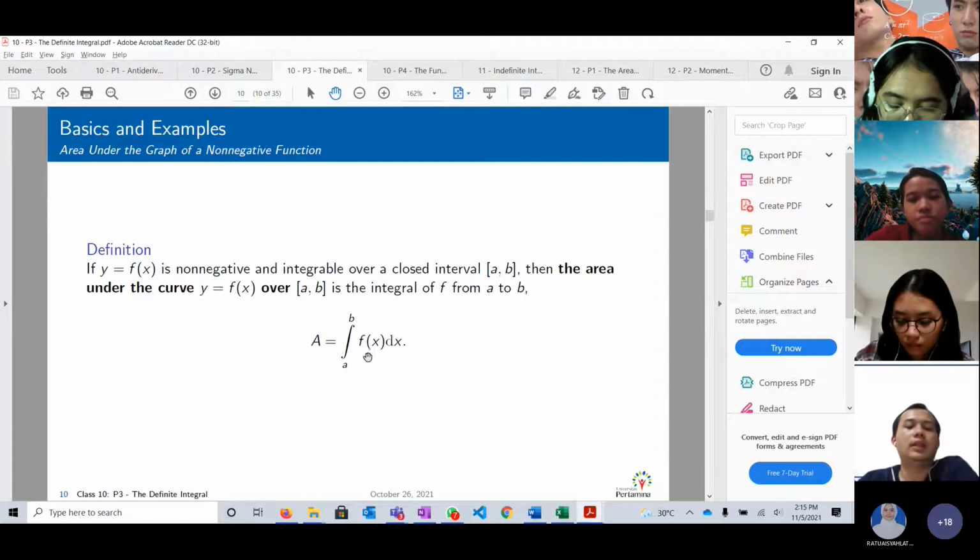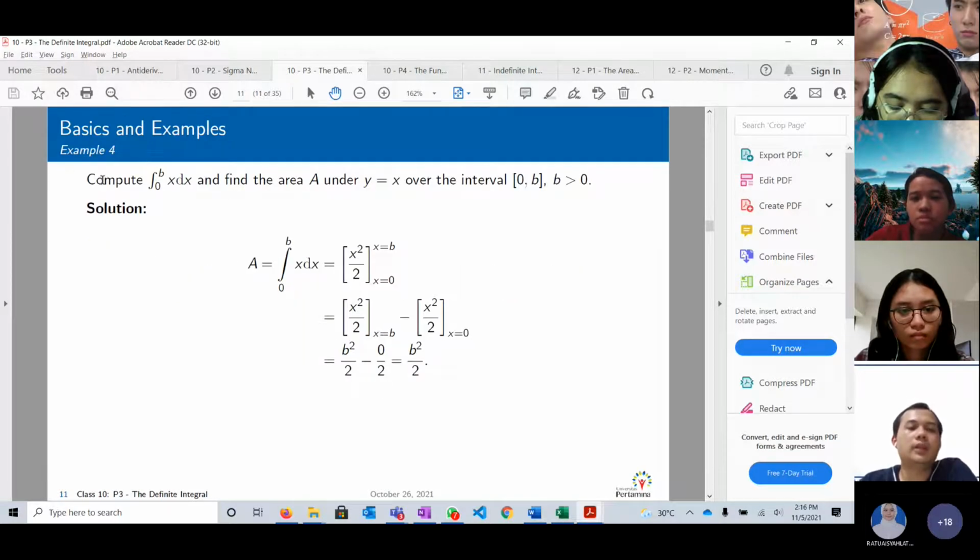So basically, if f is non-negative, then the area is the definite integral of f from a to b. This is the basic definition.